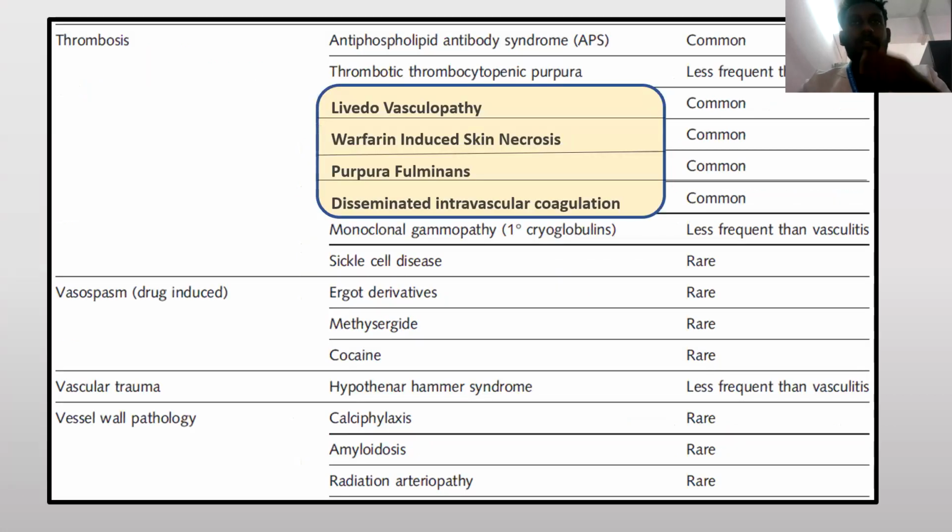And other than that, antiphospholipid antibody syndrome, thrombotic thrombocytopenic purpura, which can be seen in SLE patients, livedoid vasculopathy, warfarin-induced necrosis, purpura fulminans, DIC, monoclonal gammopathy, that is primary cryoglobulin-induced monoclonal gammopathy, and sickle cell disease can also result in thrombosis, and these can mimic vasculitis.